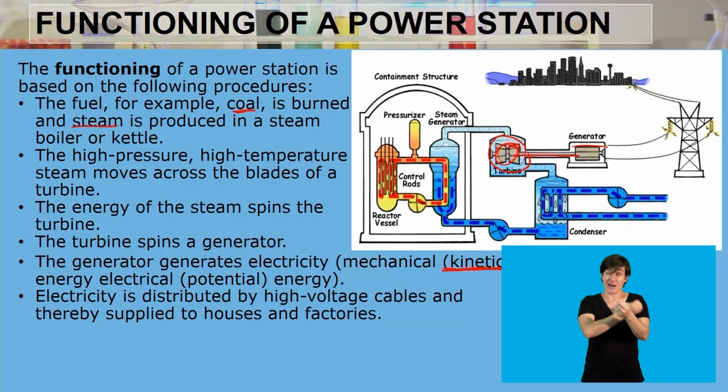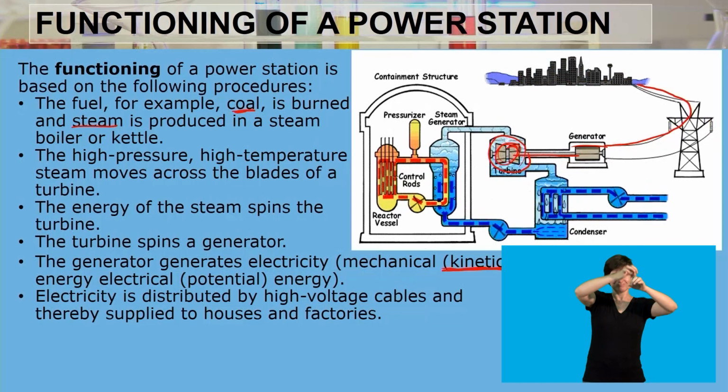Remember, it is transported through the power lines via the pylons into the city, the factories, and the houses around us. So the electricity we are using is generated by the generator in a power station.